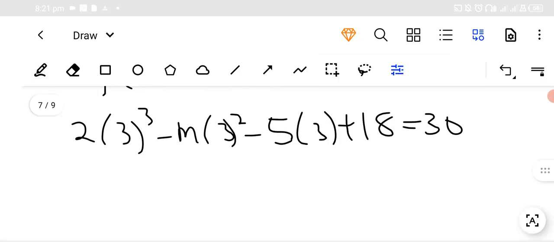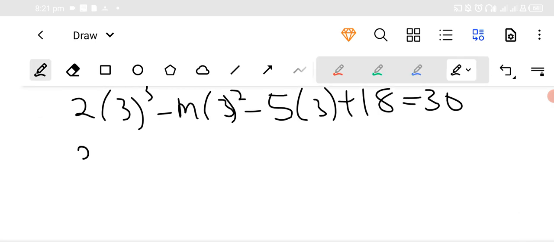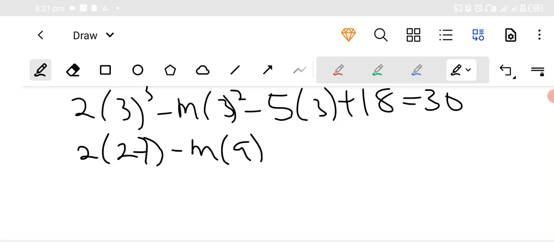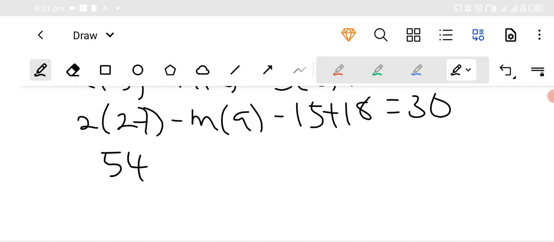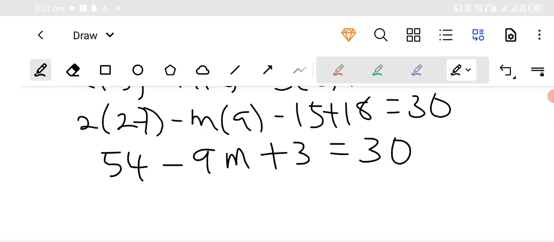So it's going to be 2 multiplied by 27, minus m times 9, minus 15 plus 18 equal to 30. This is going to be 54 minus 9m, and then with simple algebra, positive 3 is equal to 30.